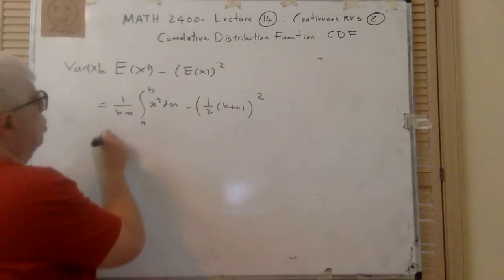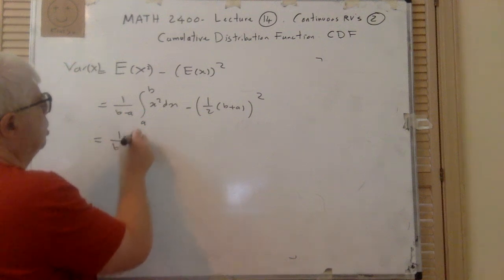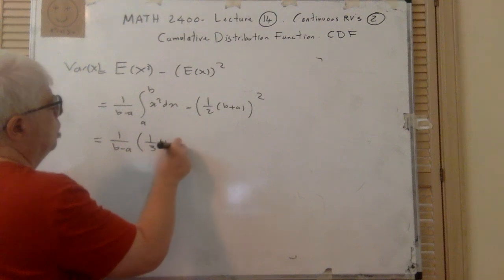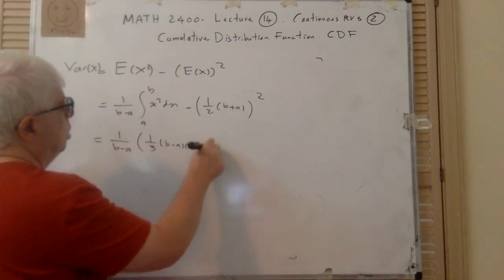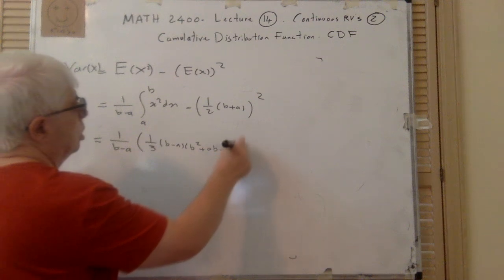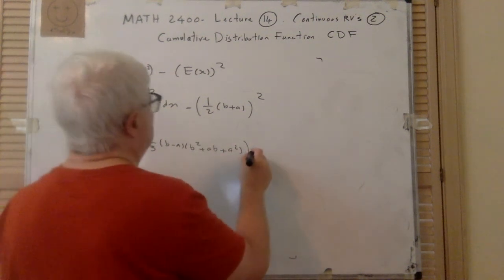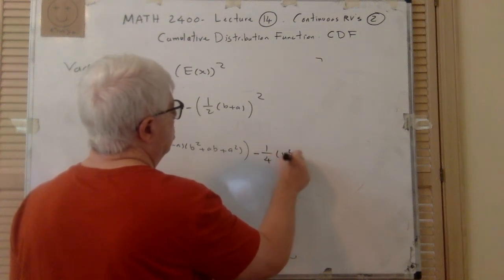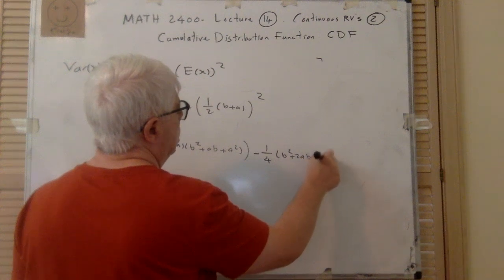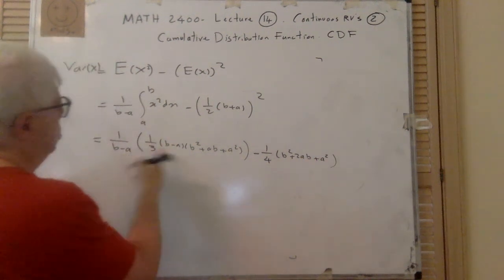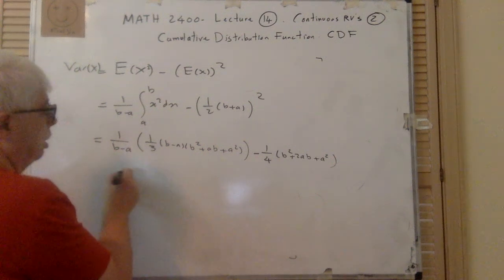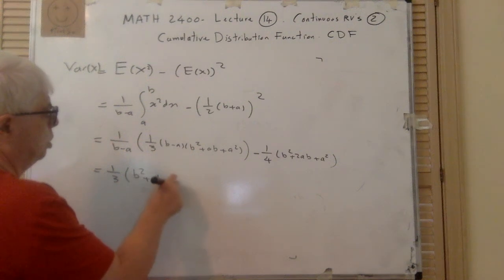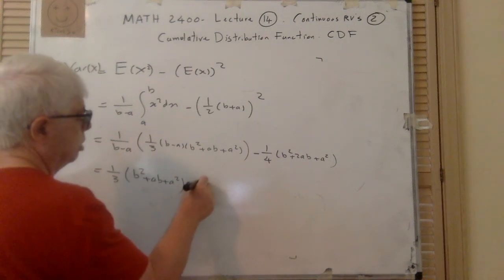So that would give me 1 over b minus a times 1/3 times (b minus a)(b squared plus ab plus a squared), minus 1/4 times (b squared plus 2ab plus a squared). The b minus a cancel out, and I have 1/3. That's the same thing, except you see it's just in one shot. I don't have to go through all that pain.